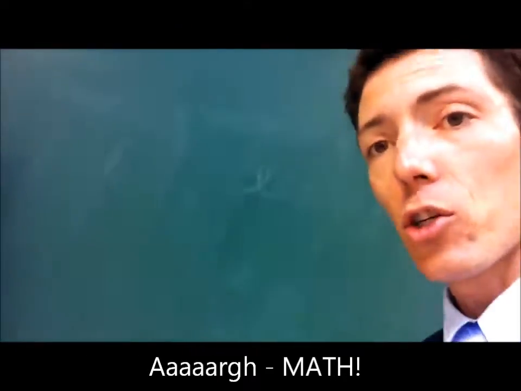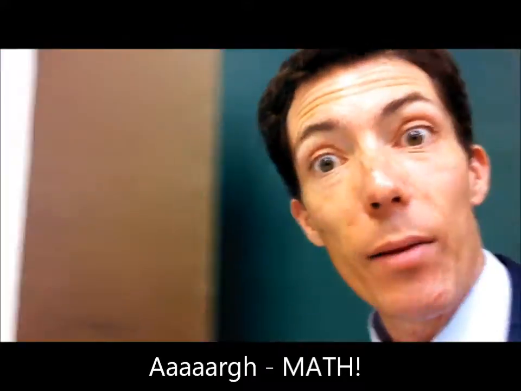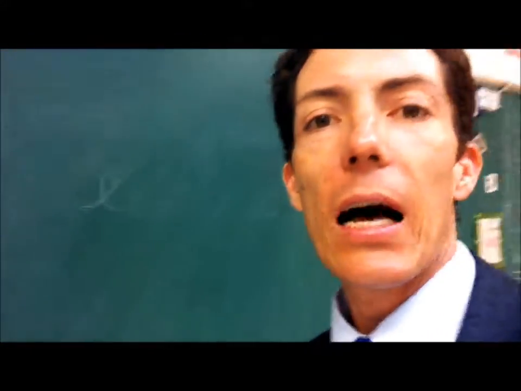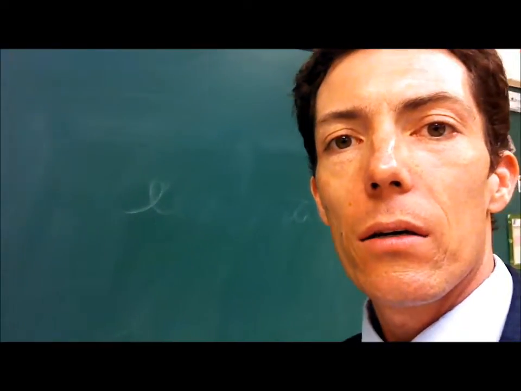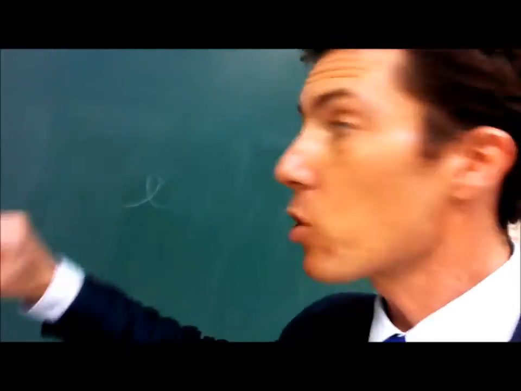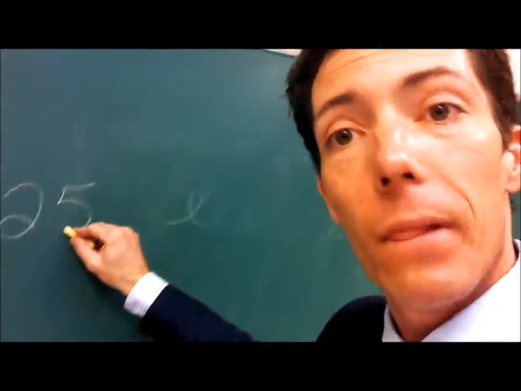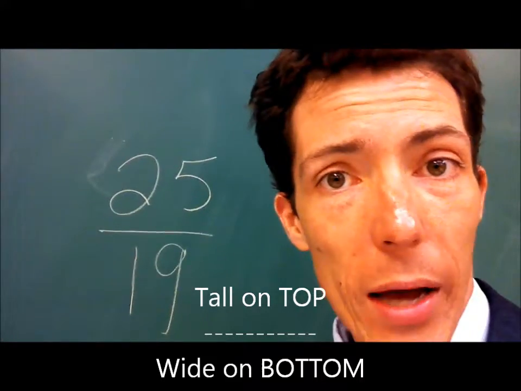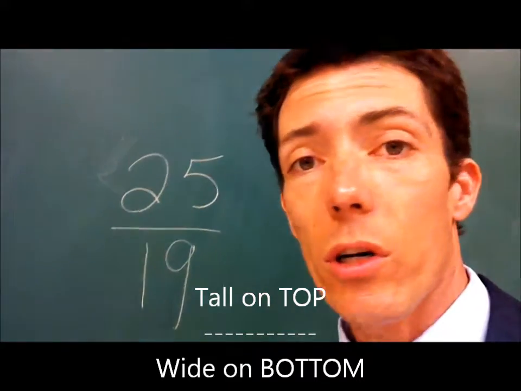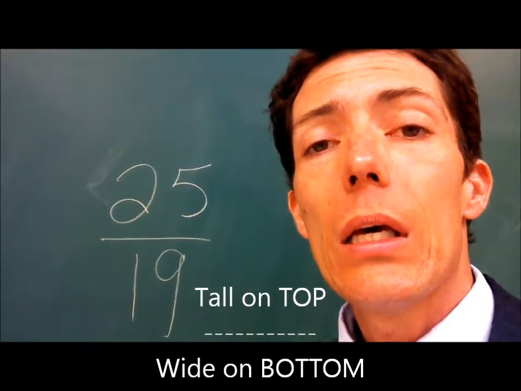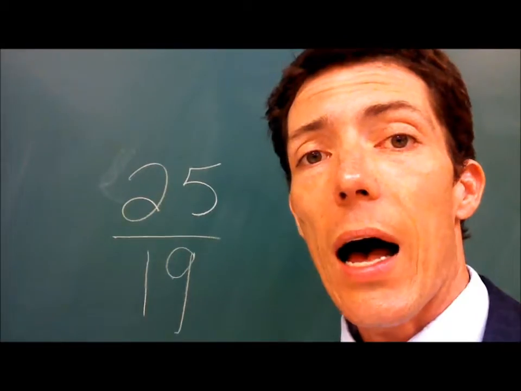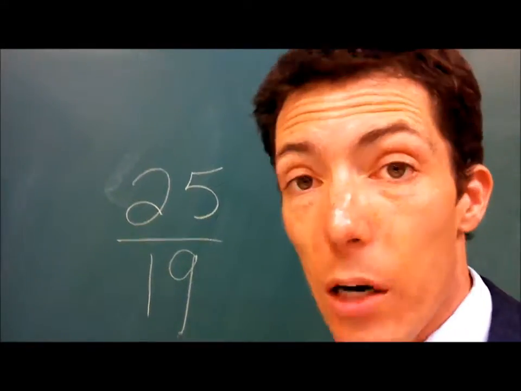So let me come over here to the chalkboard and find a piece of chalk. I know the constants in my piece of paper are going to be 25 tall and 19 wide. If your picture is sideways, you're going to go 19 by 25. I can also figure out which of these I want to use as my starting point.